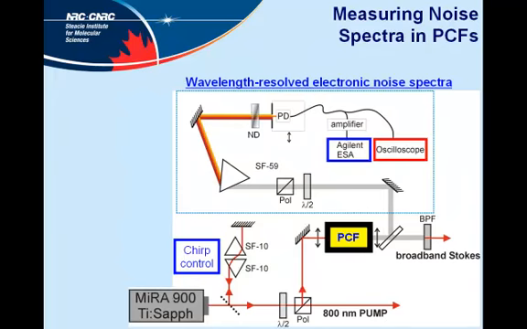Well, before I get onto that, let me just do one more thing, which is I'll show you the effect of the pulse duration on the noise spectra. So we're going to measure the noise in these photonic crystal fibers with this sort of setup.